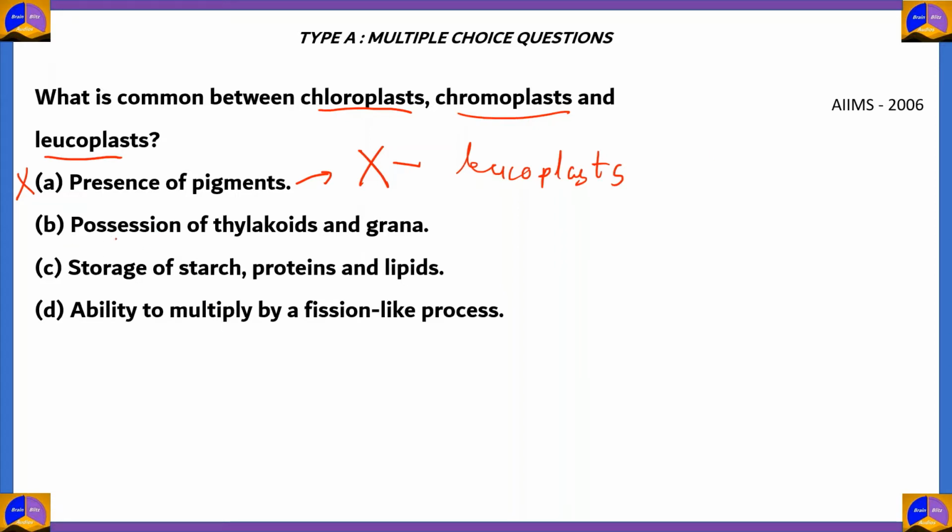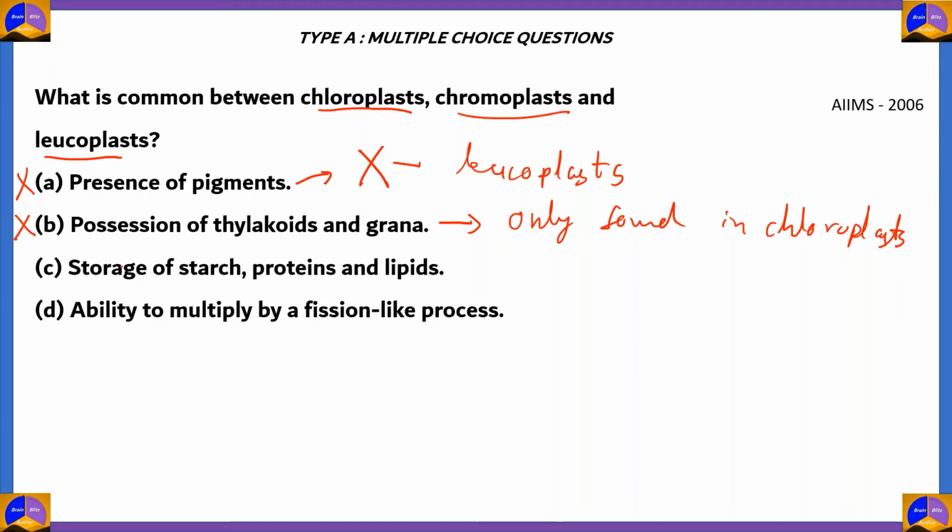Option B states that possession of thylakoids and grana is common between chloroplasts, chromoplasts, and leucoplasts. But the problem with this statement is that thylakoids and grana are only found in chloroplasts, and they're used for photosynthesis. So therefore, option B is also incorrect.